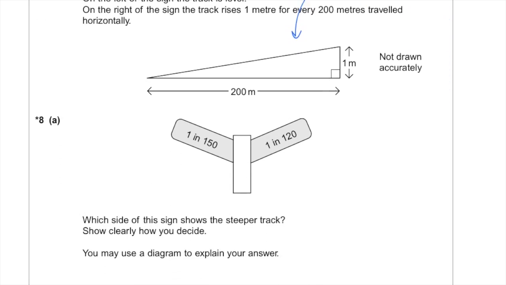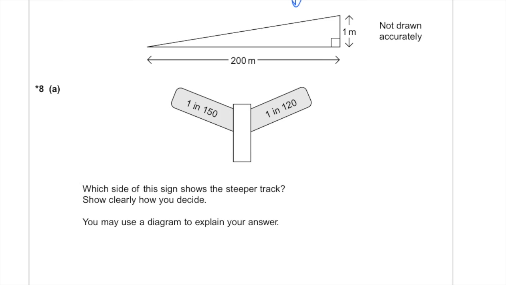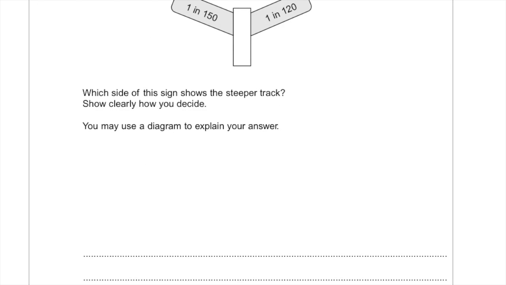Question 8, Part A. Which side of the sign shows the steeper track? Show clearly how you decide. You may use a diagram to explain your answer. So on the left-hand side, the steepness of the track is such that for every 150 we go along, we go up 1.